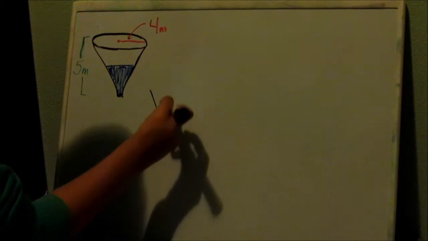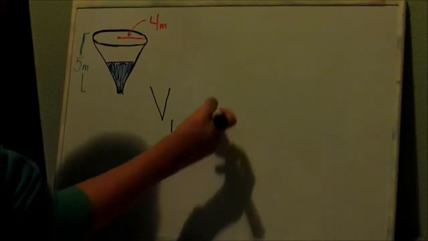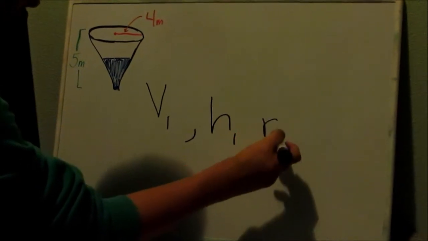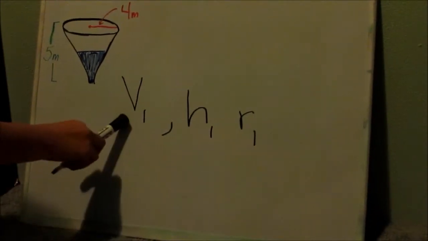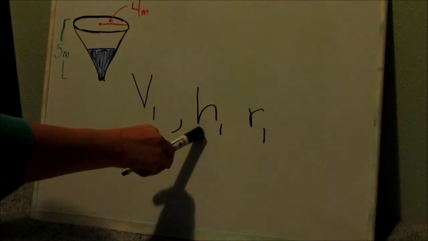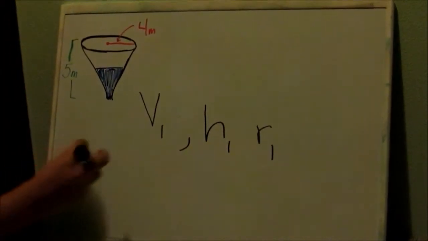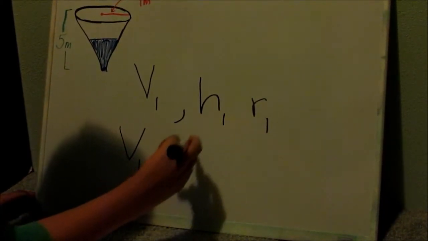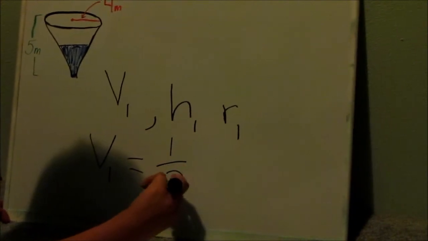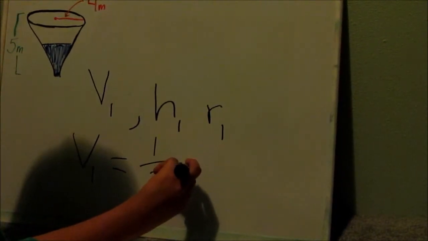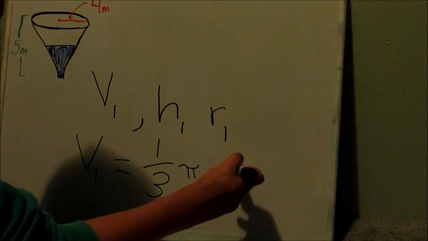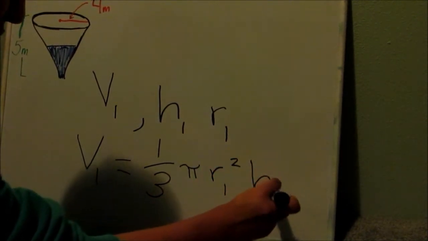Let V sub 1, H sub 1, and R sub 1 be volume, water level, and radius for the top tank. The volume formula then is V sub 1 equals 1/3 pi R sub 1 squared times H sub 1.